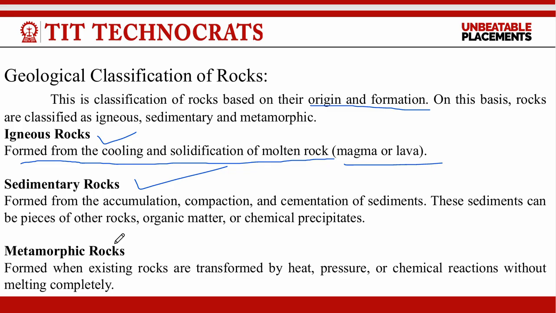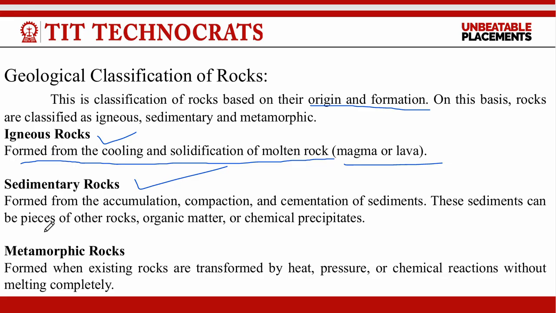Due to the action of high-speed wind and heavy rain, igneous rocks disintegrate and are deposited in layers on the earth's crust and form sedimentary rocks. Once again, we can say they are formed from the accumulation, compaction, and cementation of sediments.